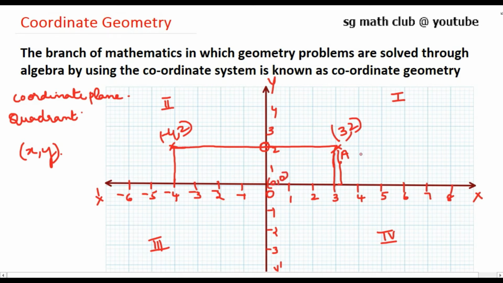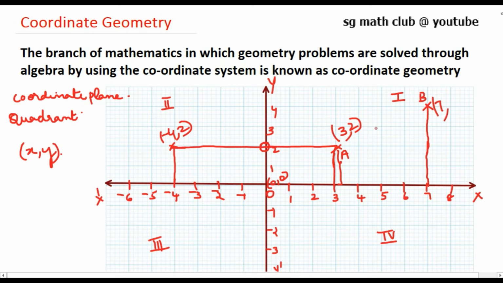So this is how you will mark the point. If I want to mark this point, I will draw a perpendicular from that point B to the x-axis. See where it is touching, it is 7.